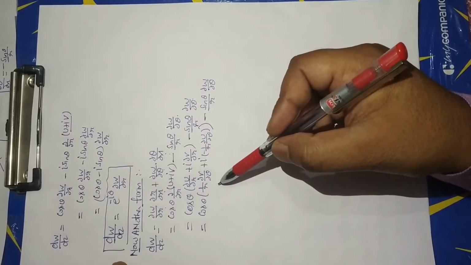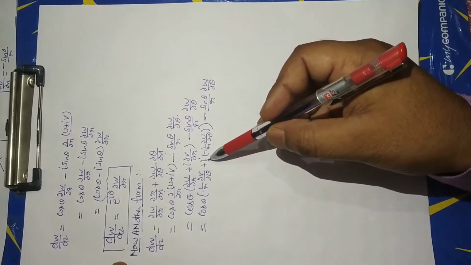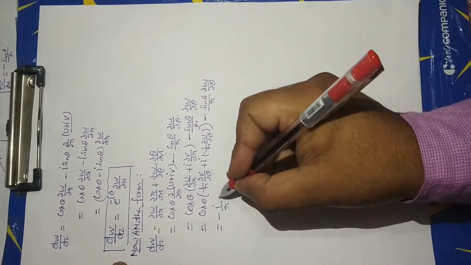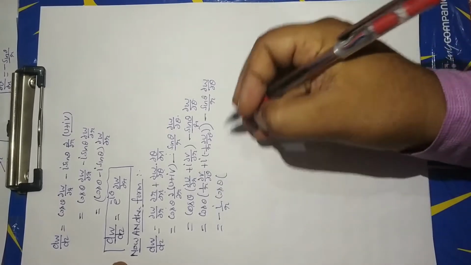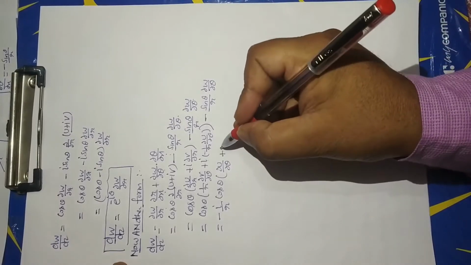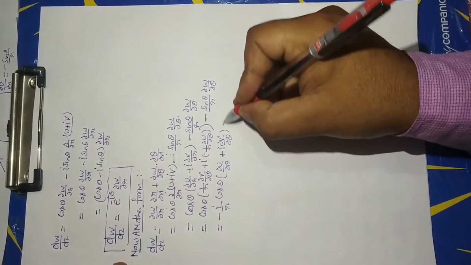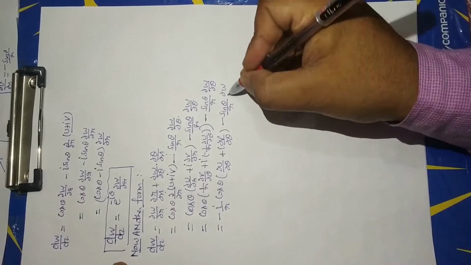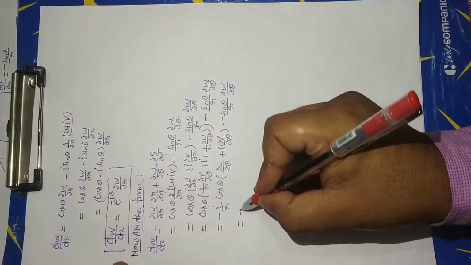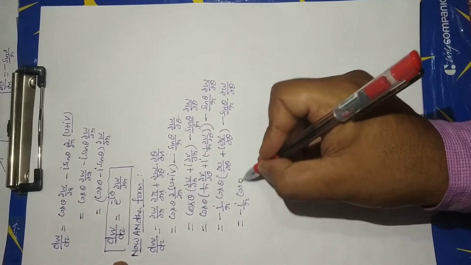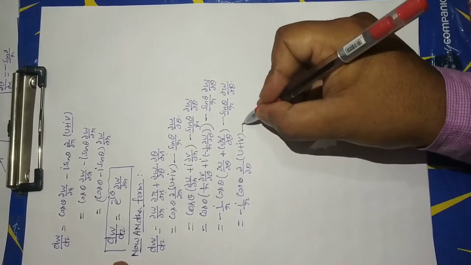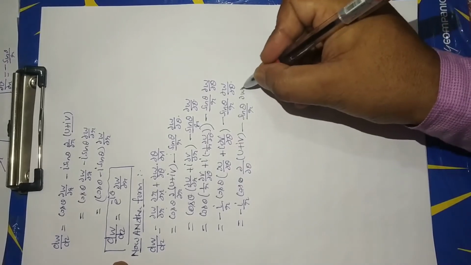Now taking the common minus i upon r, minus i upon r common, cos theta del u upon del theta plus i del v upon del theta, minus sin theta upon r del W upon del theta as it is, minus i upon r cos theta, this is the value of del upon del theta of u plus iv, minus sin theta upon r del W upon del theta.